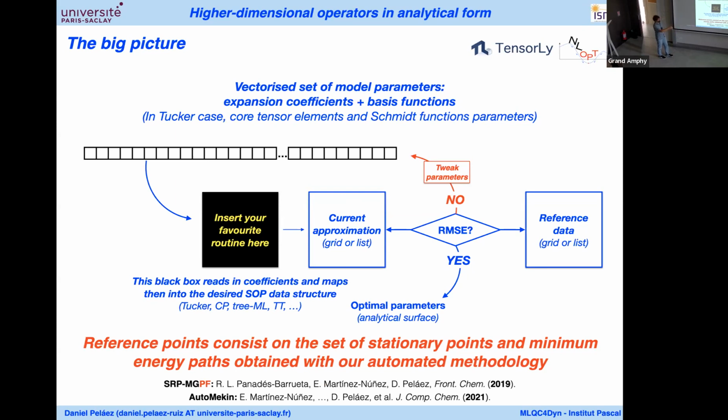Then you compute the current level of accuracy you've got for whatever property it is. If it's good, you've got the optimal parameter. If not, you tweak the parameters and then you start over. Of course, you compare with your reference data. So this works for these tensor decomposition methods, and now we are going forward to other tensor decomposition methods.